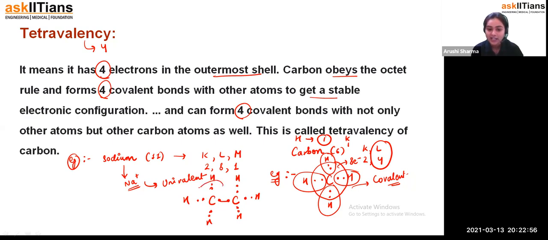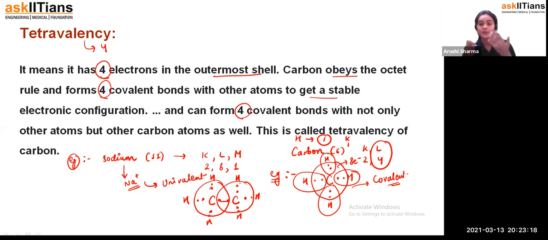You can see that this carbon has all 8 electrons in its outer shell, and similarly this carbon also has 8 electrons in its outer shell. So, students, because of tetravalency, because of the 4 electrons in its outer shell, carbon can combine with 4 other atoms, and those atoms can be carbon or other elements as well. This is called the tetravalency of carbon.